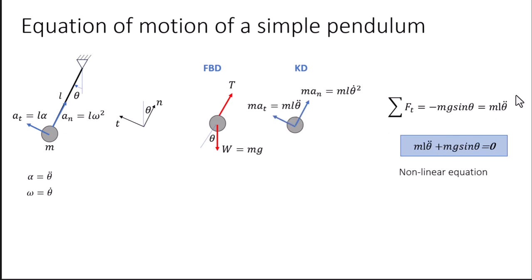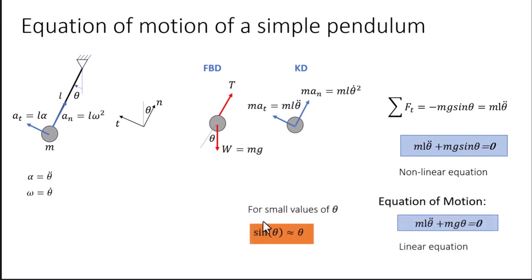So if we pass everything to the same side of the equation, we have a non-linear equation because we have here sine of theta. However, for small values of theta, we can assume that sine of theta is approximately theta. This comes from a Taylor series that I will cover in the next slide.